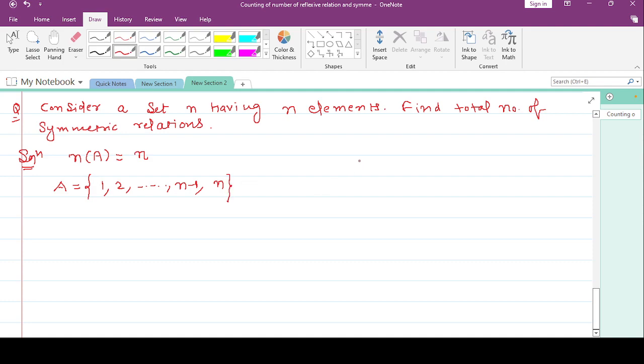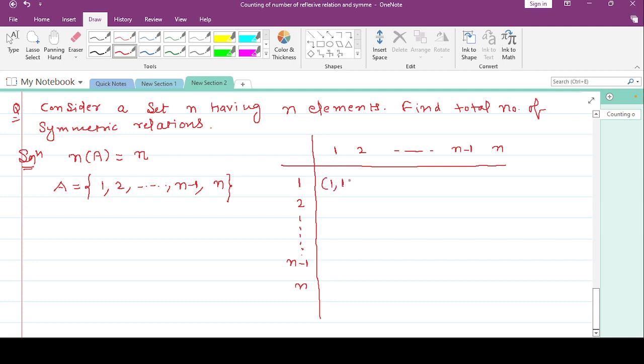So in A cross A, what type of elements do you have? List the elements of set A: 1, 2, and so on up to n minus 1 and n. Here also list the elements 1, 2, up to n minus 1 and n. What is the first element? (1, 1).